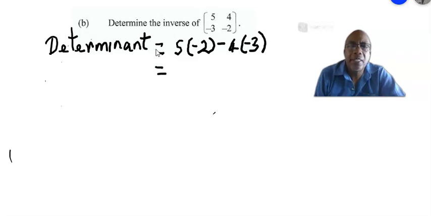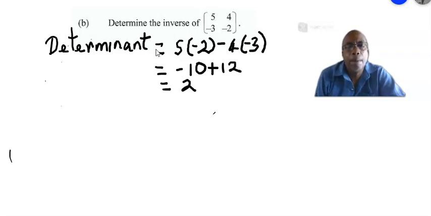So we work this out. 5 times minus 2, negative 10. Minus 4 times a minus 3 is a plus 12. And negative 10 plus 12 is just 2. So that's the first term you need to understand how to calculate in order to find the inverse.